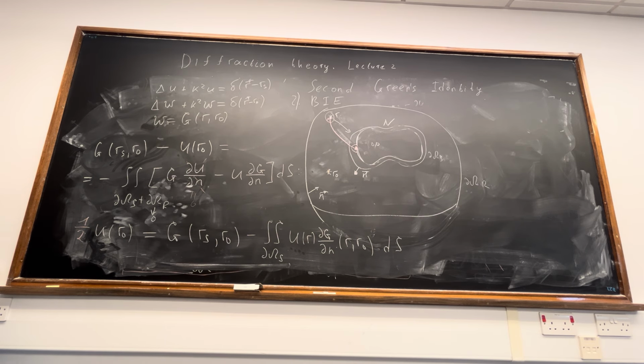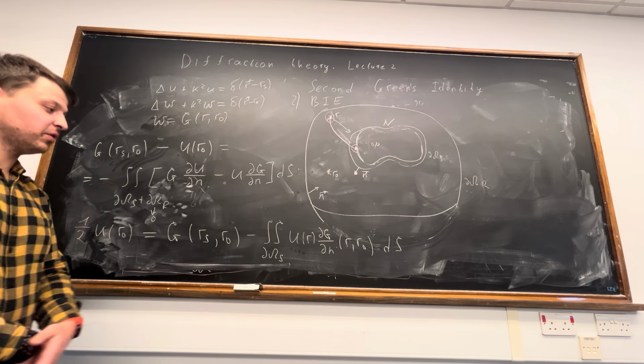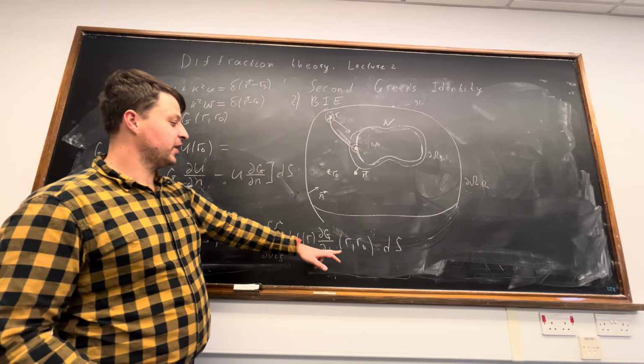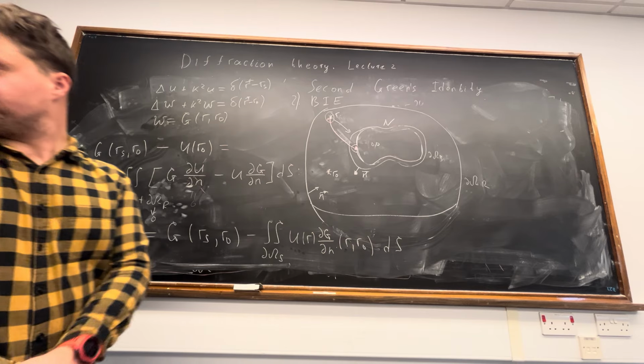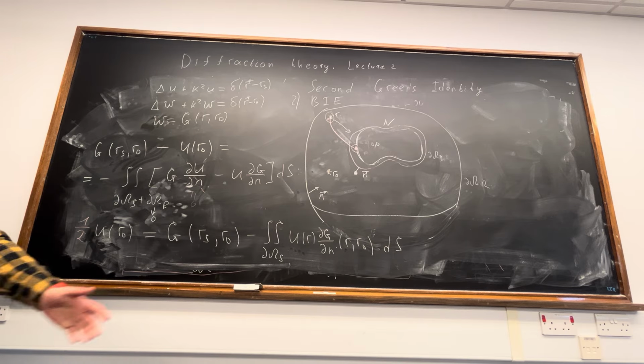So I need much fewer discretization points. But the problematic thing is that now R can be equal to R0, and that's when the thing becomes singular. So I need somehow to regularize this integral equation before I'll be able to solve it. But people do it. That's possible.